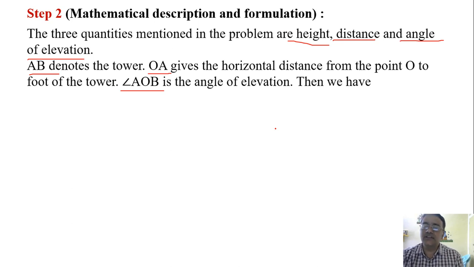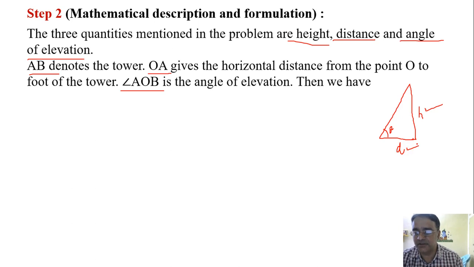Then we use the tangent. I'm going to draw a rough diagram here. So this is theta, and this is D and this is H. With respect to this angle, this is the opposite side and this is the adjacent side. So which trigonometric ratio is connected with this?